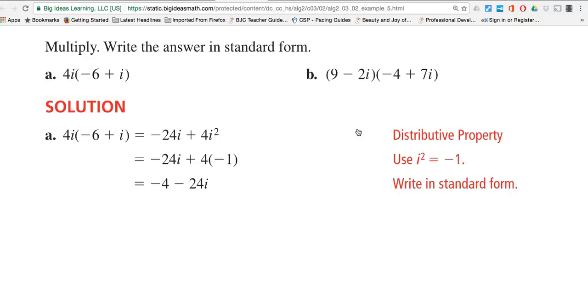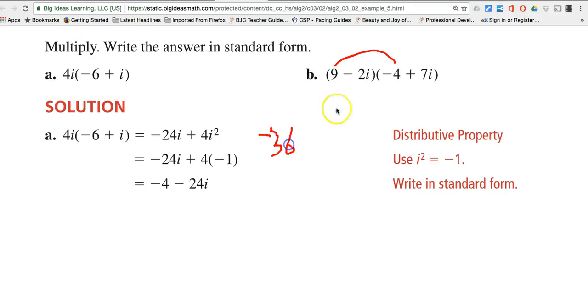Okay, now for the second option here, we need to go ahead and FOIL. We've got two binomials that are multiplied by each other. So you need to remember how we FOIL our work. The first thing we do is multiply our first two terms together. So 9 times -4 gives us -36.